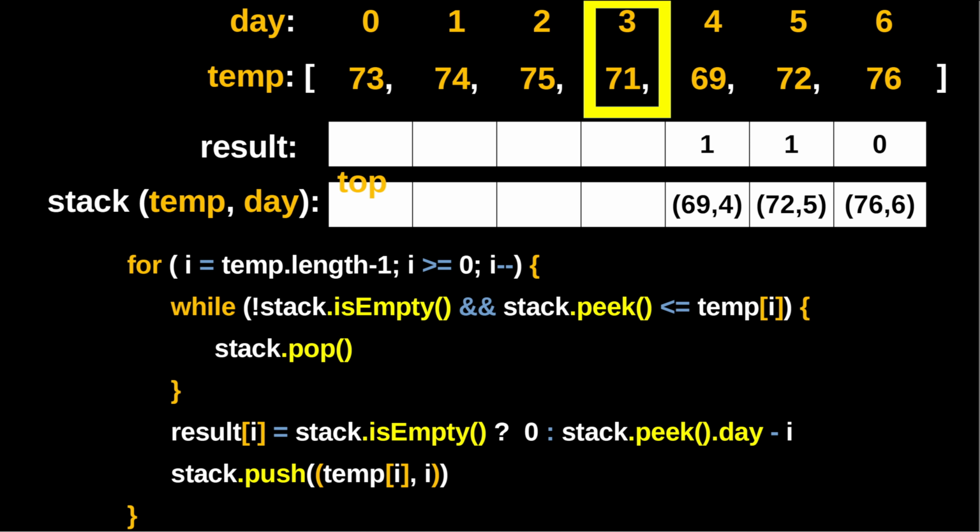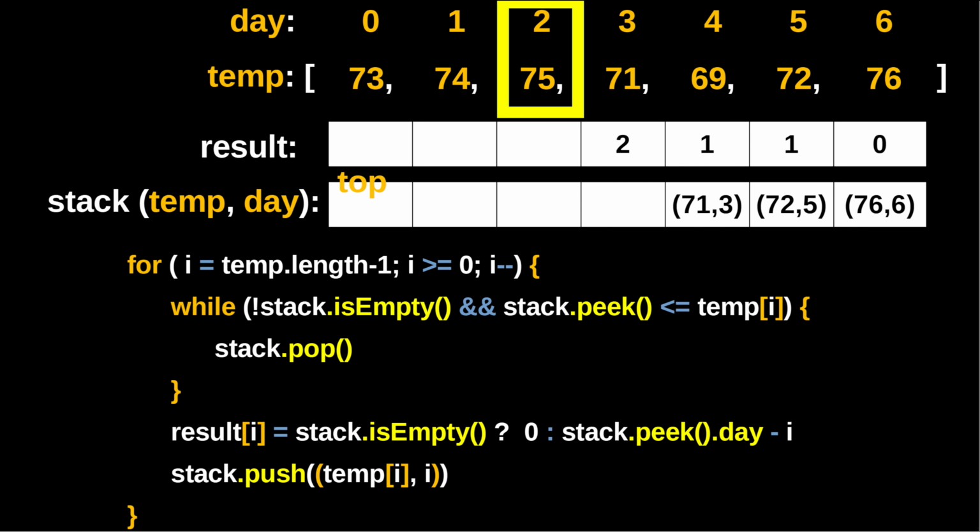Now that is a higher value than the top of the stack at 69. So in this case, we will pop the top of the stack, and then we find that 71 is now smaller than 72, the top item on the stack. So we are good. Then we do the subtraction: we take the 5 here and subtract the 3 here, and we get 2. And then we put 2 as results[i], and we put 71, 3 onto the stack.